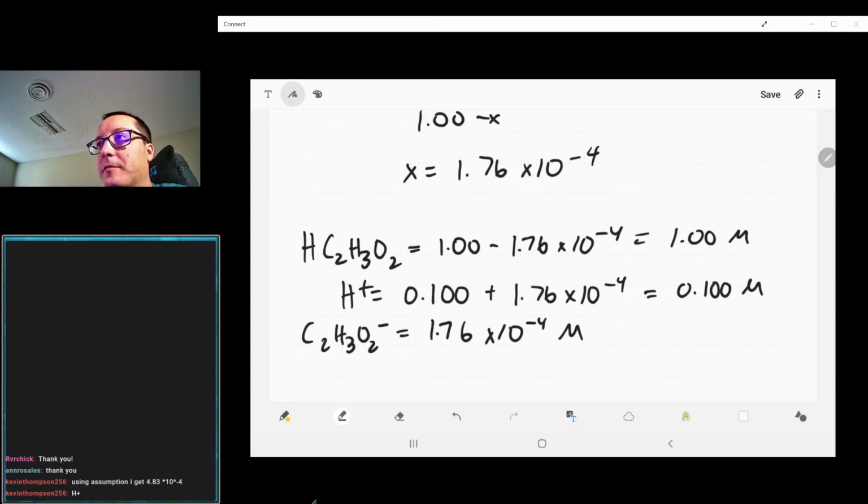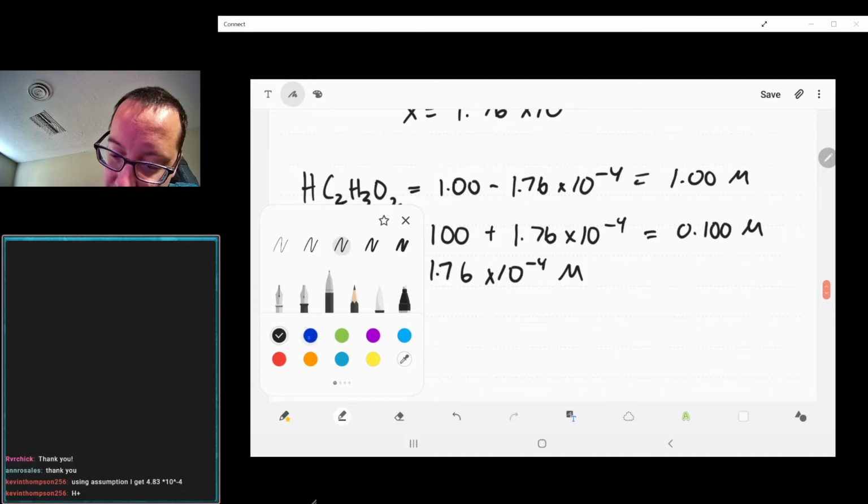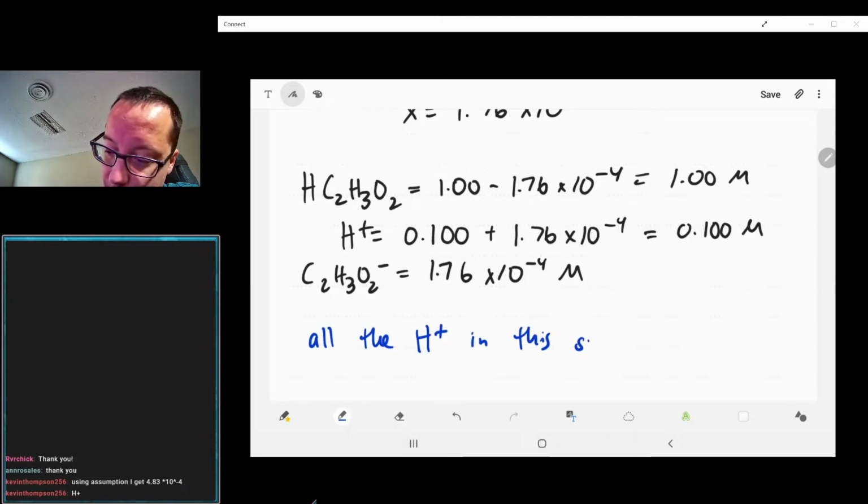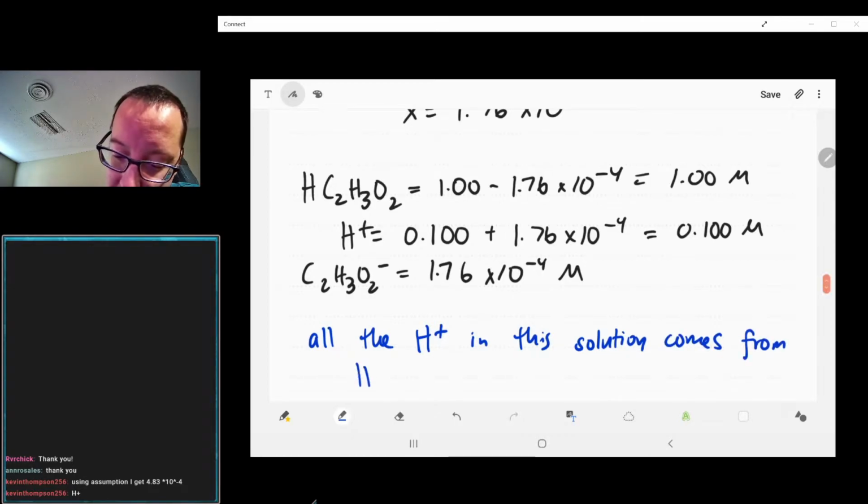So, we see, interestingly enough, that all the H plus in this solution, it all comes from HCl. Not the acetic acid.